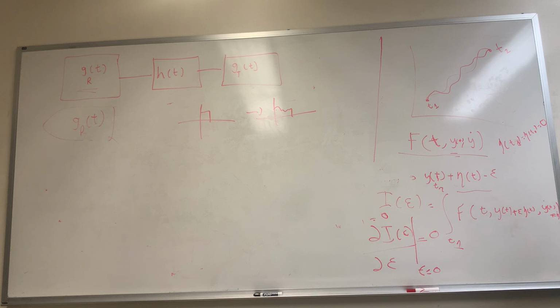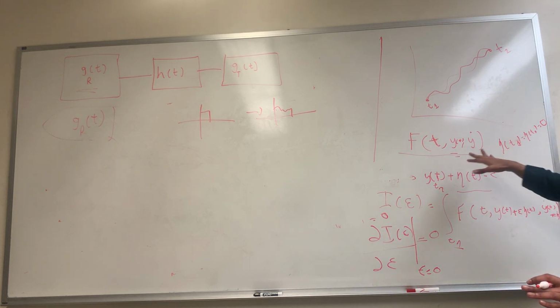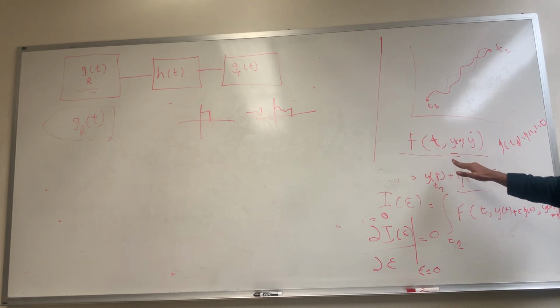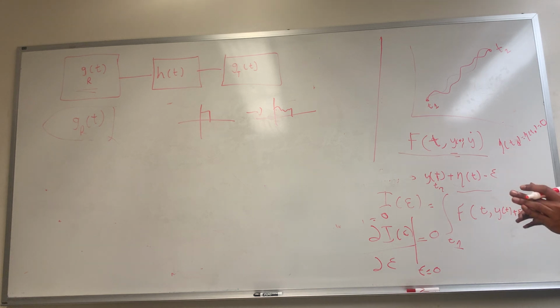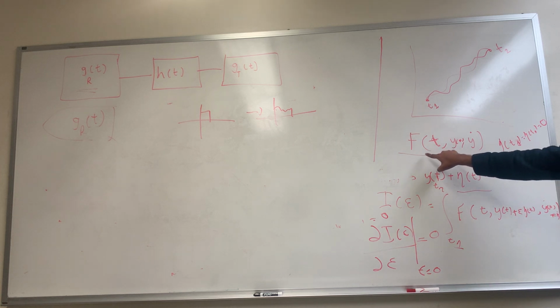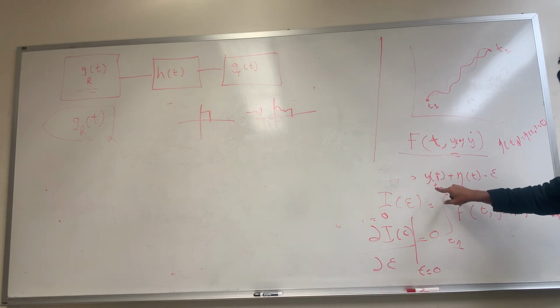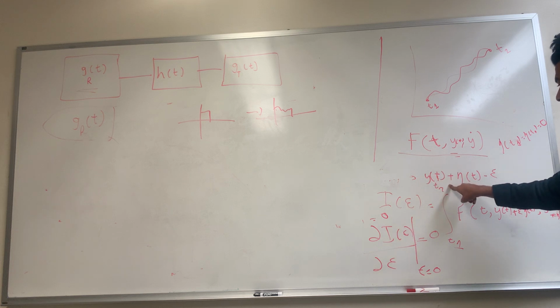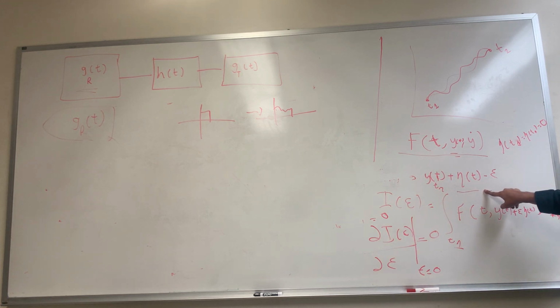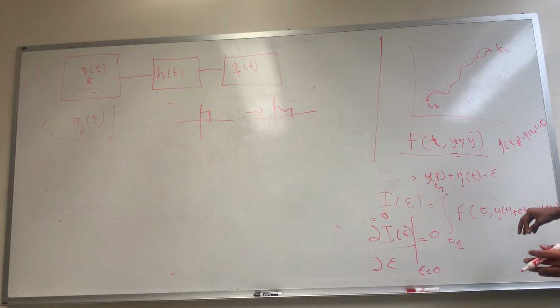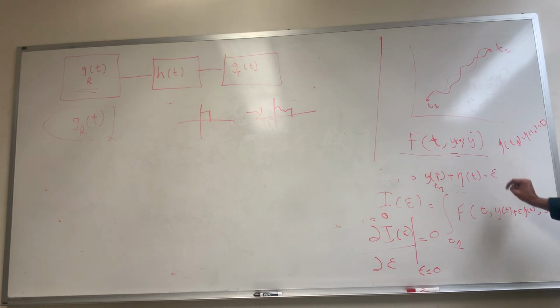It's not quite easy to do it directly, so we use a trick called variation. Instead of finding the minima for this, you find the minima of y plus eta of t, where eta of t is another function times epsilon, and this epsilon is going to be really small.